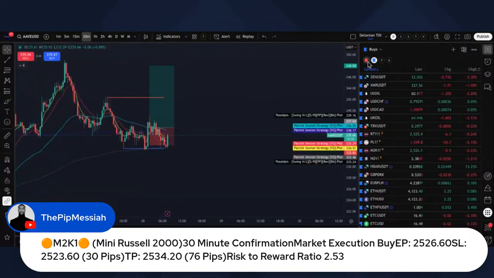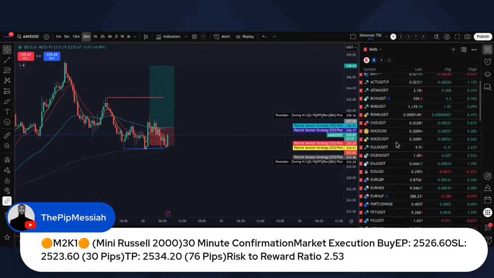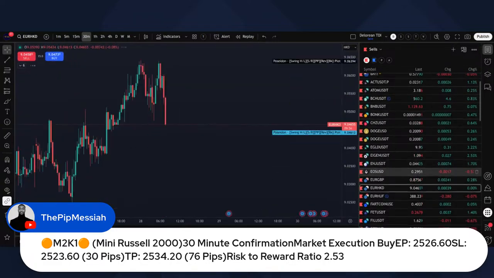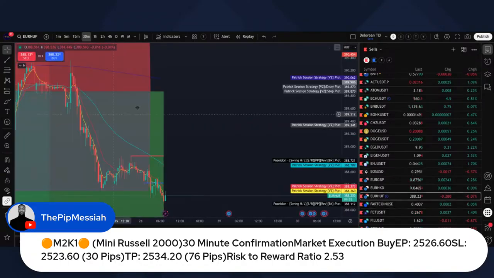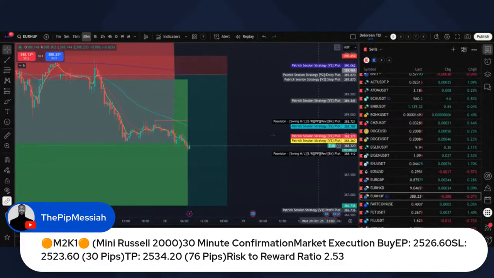Looks like we're about 50% of the way to take profit on euro versus the Hungarian forint.